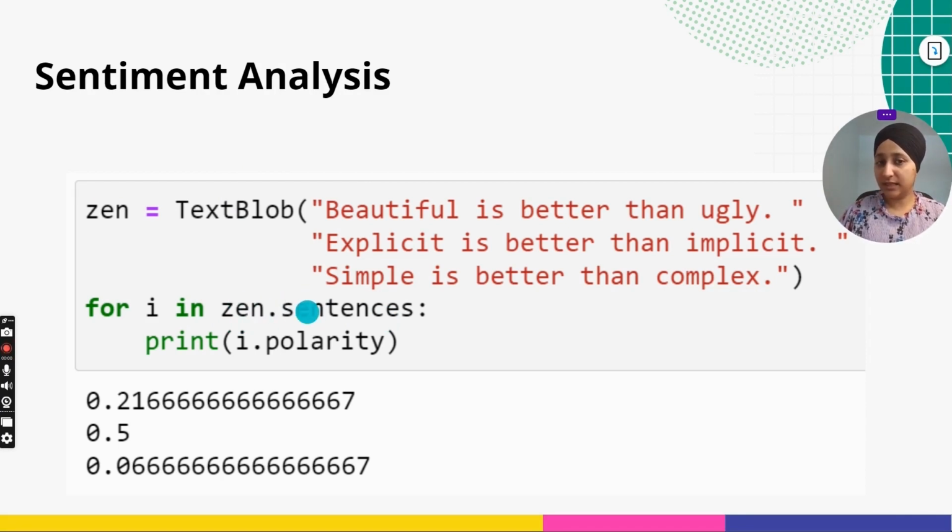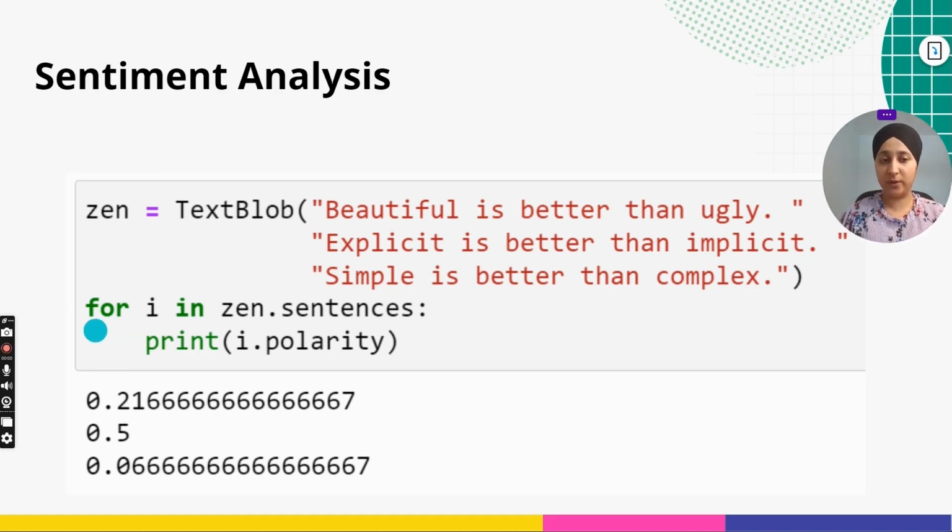We are breaking sentences here and i contains sentences one by one. Like i would contain the first sentence, then the second sentence, then the third sentence when the for loop is executed. I hope you understand the concept of loops and iterators. If you don't, you can go to my video on iterators and you can learn about it.